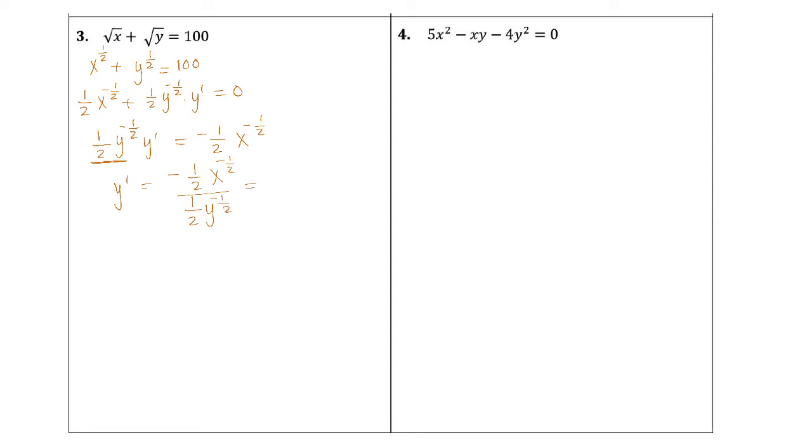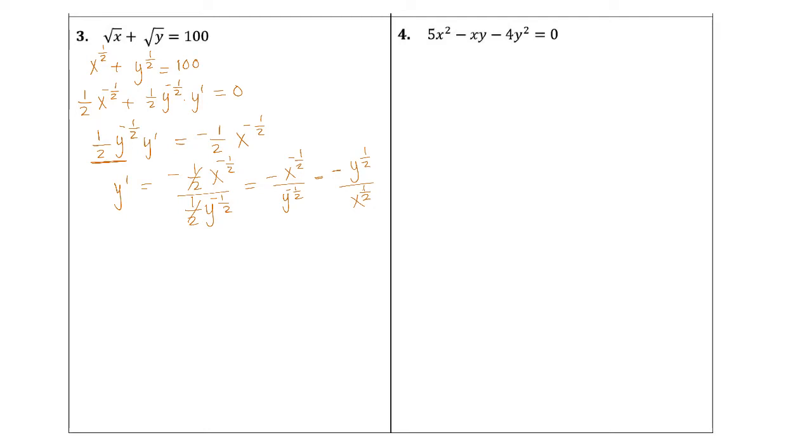And to simplify that, those 1/2s do cancel, so I have negative x to the negative 1/2 over y to the negative 1/2. And to remove those negative exponents, we do flip everything over. So we have y to the positive 1/2 over x to the positive 1/2. And that would be as much simplifying as I would do with that one.